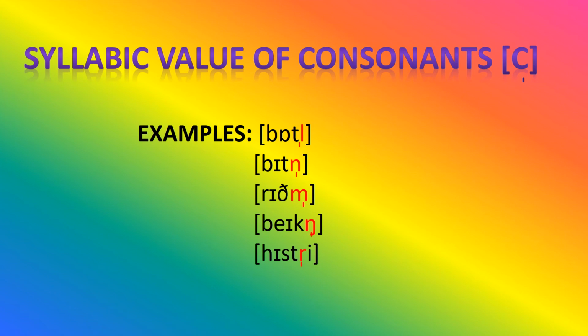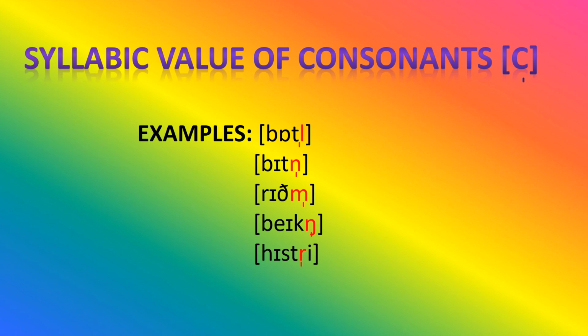Another consonantal allophone is syllabic value of consonants, which is represented by a little dash below the letter C between the square brackets, and this implies that the consonant takes on the value of syllabic nucleus.